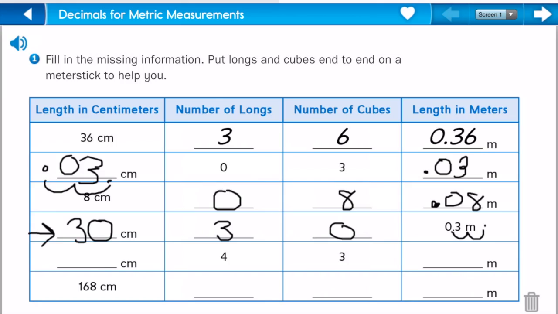So we have 4 logs and 3 cubes. We know that that means 43 centimeters. To figure out how many meters it is, once again, we move the decimal point 2 places, because there are 100 centimeters in a meter. So it equals 0.43.